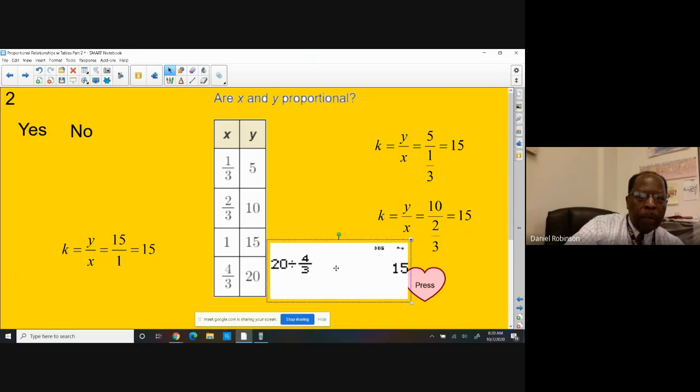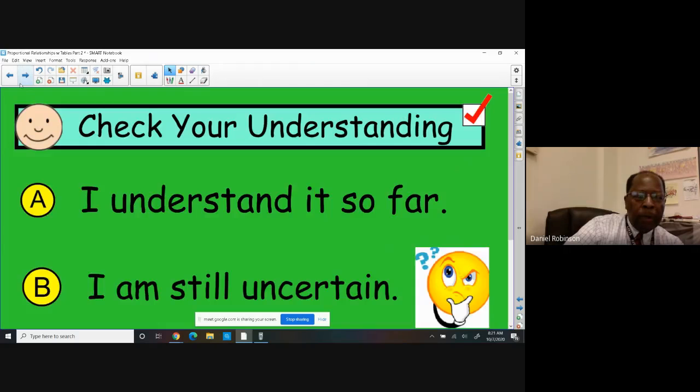So they're all equal to the constant of proportionality of 15, which means yes, this is a proportional relationship. We can now tell a proportional relationship from a non-proportional one by checking all of the fractions to see if they equal the same thing. If they do, yes. If they don't, then no. So check your understanding. If you're unsure, write me an email and I'll be glad to help you out.